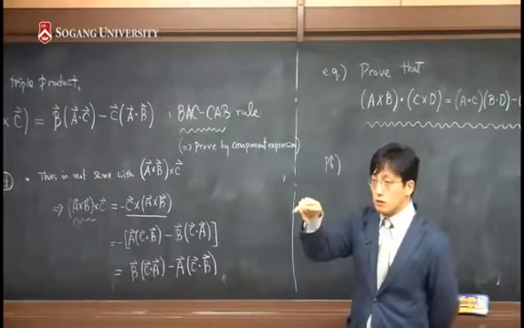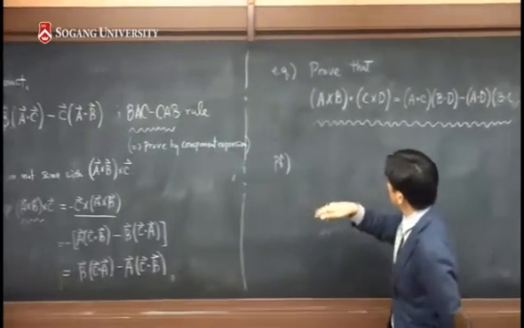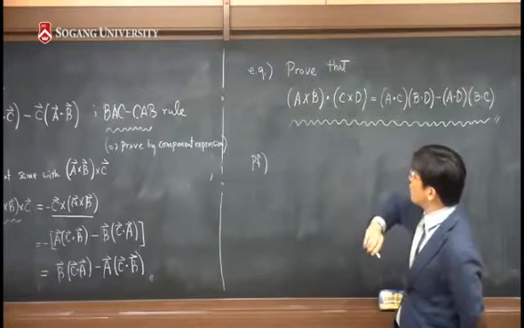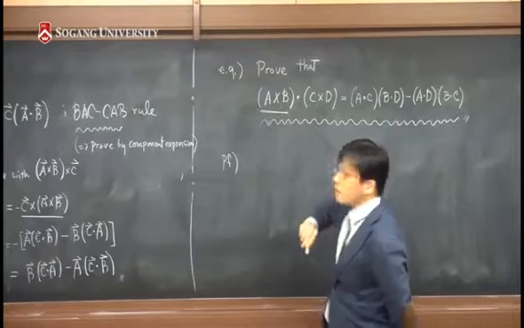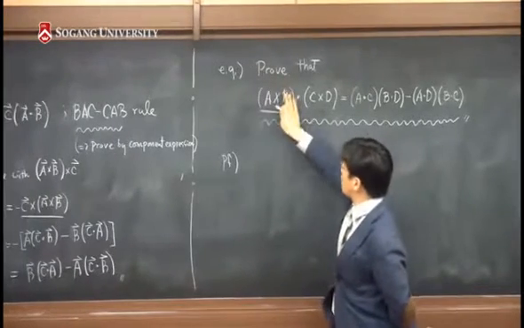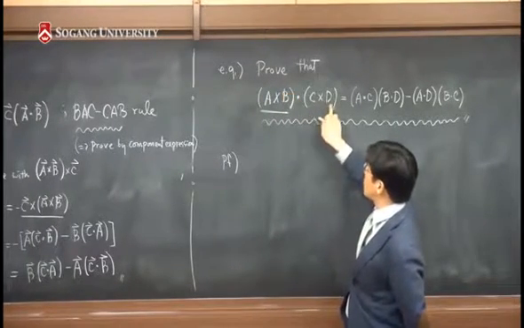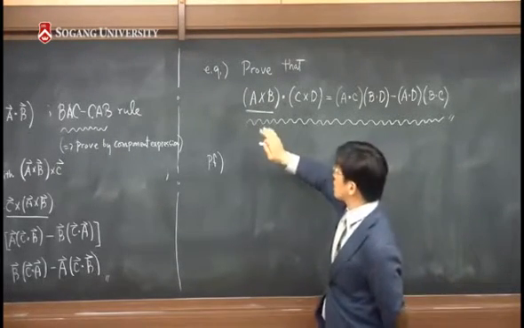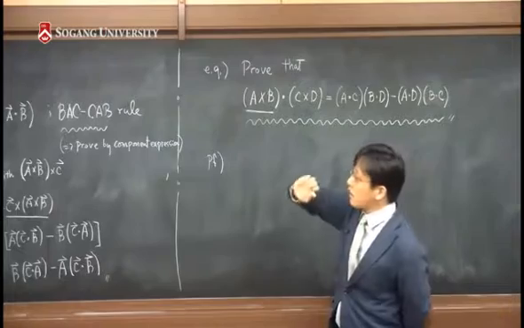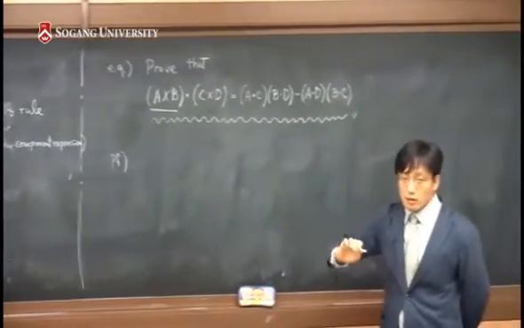Okay? And if you look at the first formula, and if you think of the first two vectors as one large vector, and then the second and third as different two vectors, then you can apply the scalar triple product formula. Okay?